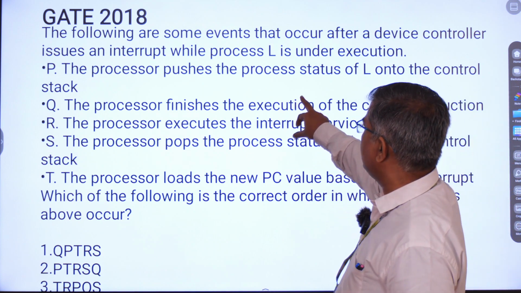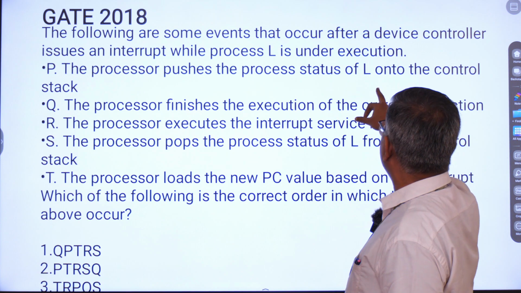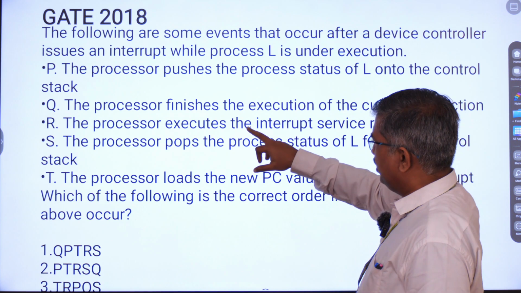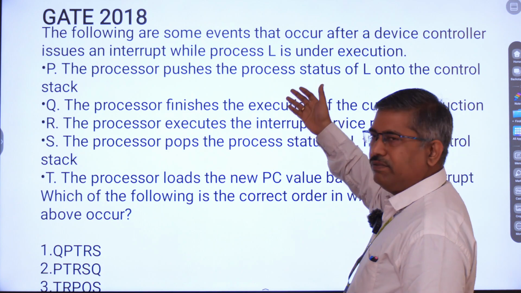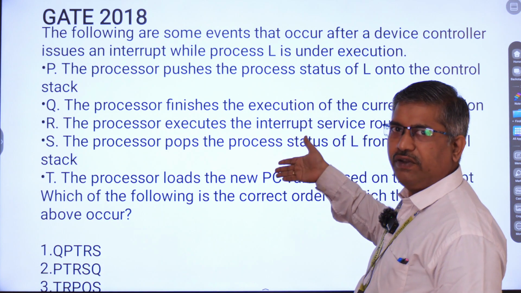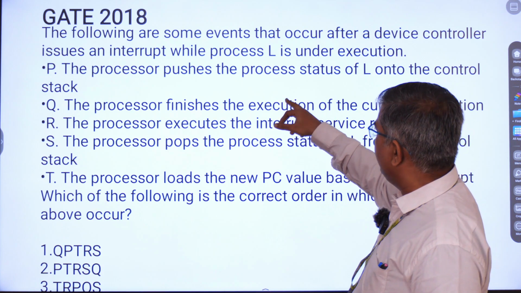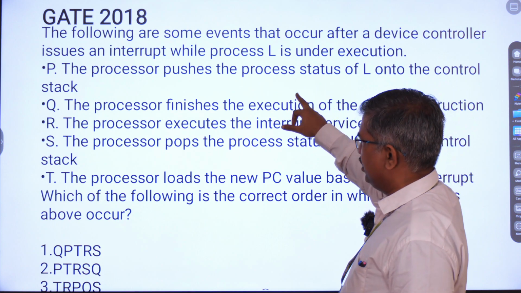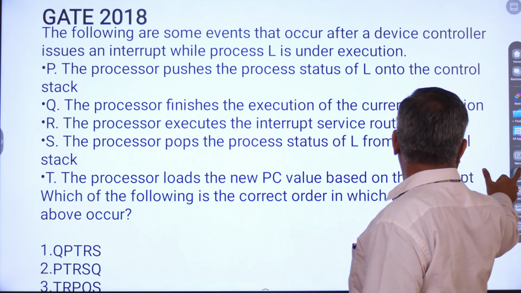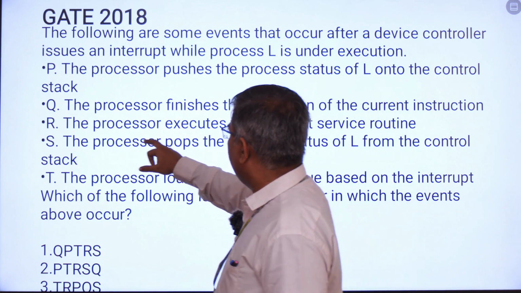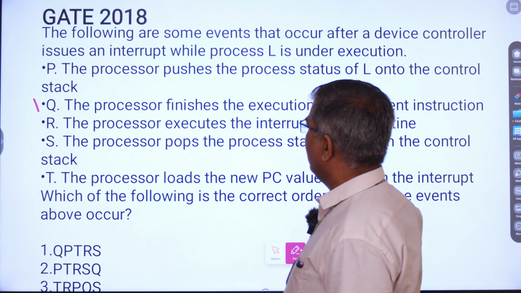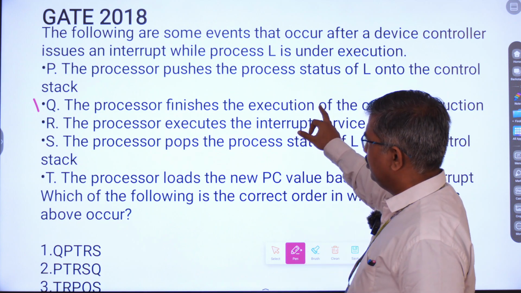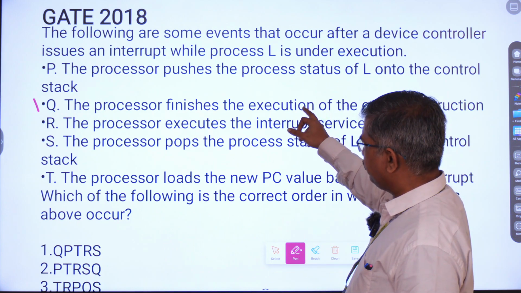P is the processor pushes the process status of L onto the control stack. We need to identify the order. Q will be the first thing that can happen, and then it is followed by this one.